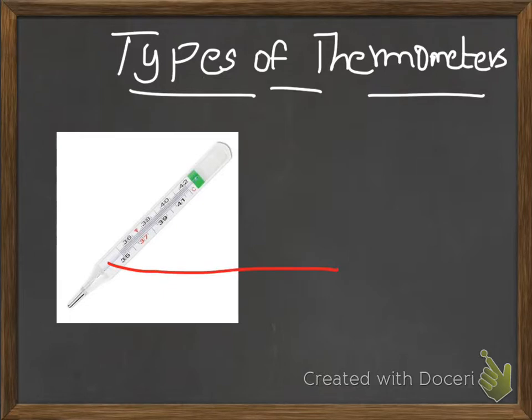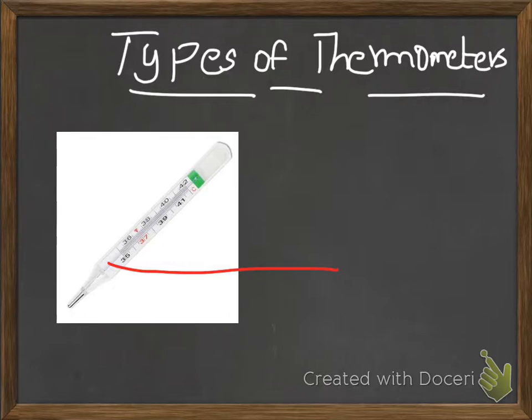That tube is there in order for the liquid to expand. Now in case we are measuring your body temperature, when we put the thermometer, the liquid here shows the certain temperature of your body.